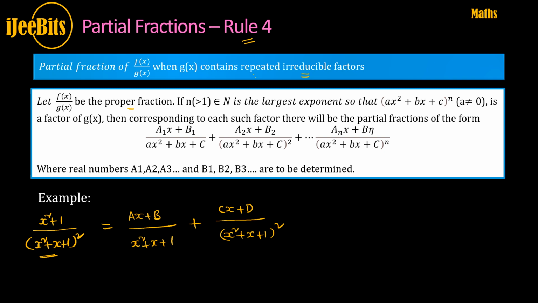You can still use the same thing, a1 x plus b1, a2 x plus b2. To make our understanding easy, I just use ax plus b and cx plus d. Otherwise you could also use a1x plus b1 and a2x plus b2 over (x square plus x plus 1) here, and (x square plus x plus 1) whole square here. Both are the same.